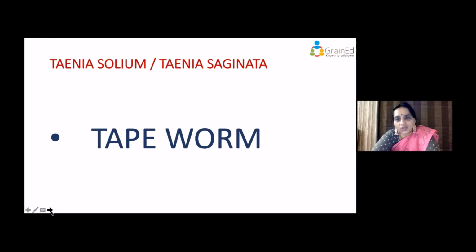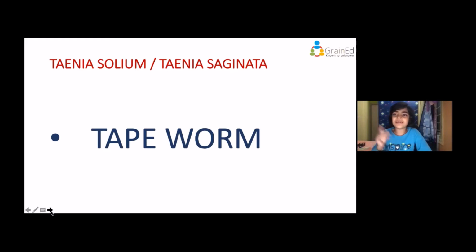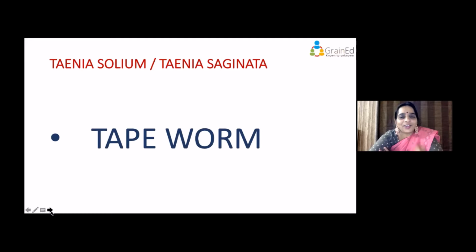Okay, we will see the structure. And one more thing, like a tape, it has got sections. What you have got in the tape, you have got measures, right? Yes, like lines. Exactly. So it has got a tape-like thing.